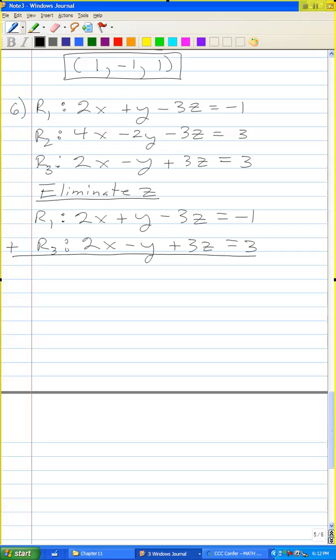Let's add these. So I get 2x plus 2x is 4x. The y's cancel, the z's cancel, equals 2. And so divide by 4, x equals 1/2. So I've actually already solved for one of the variables. X is 1/2.